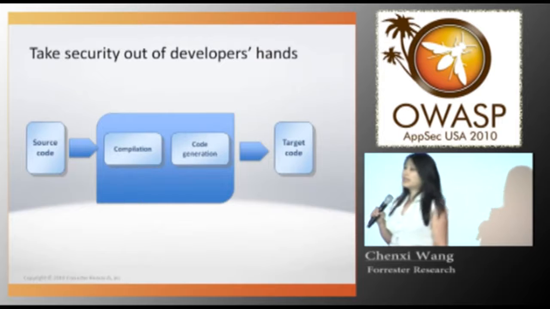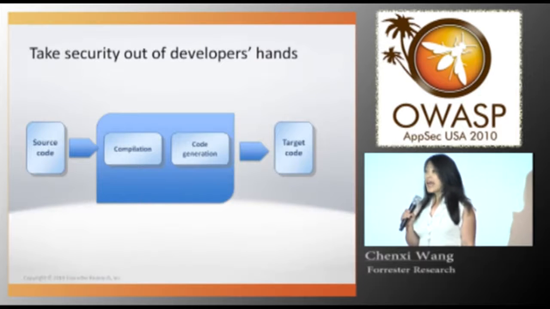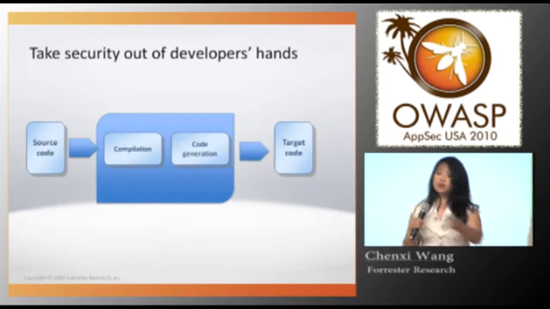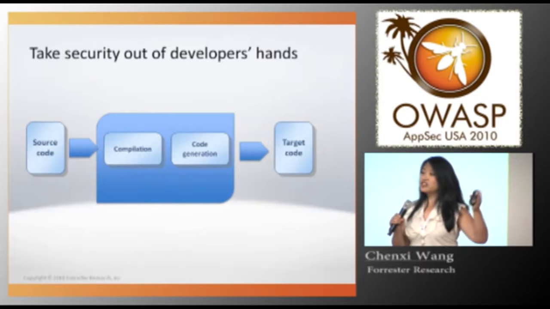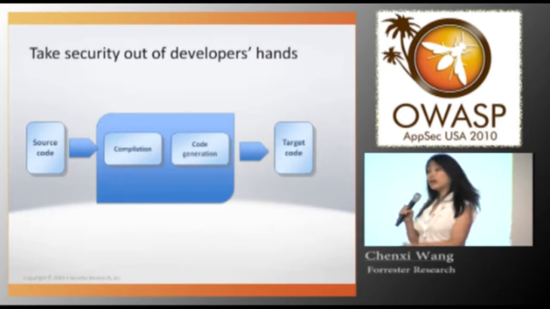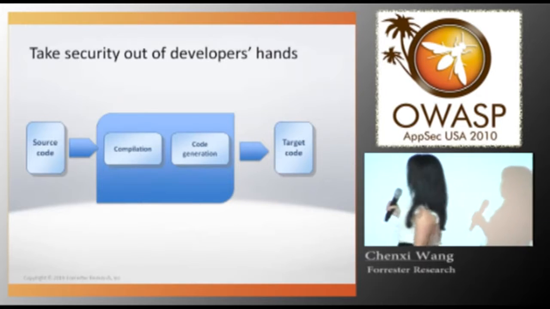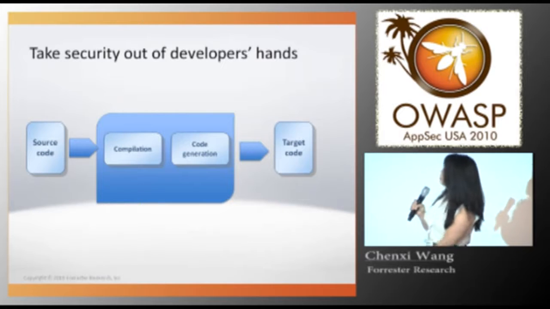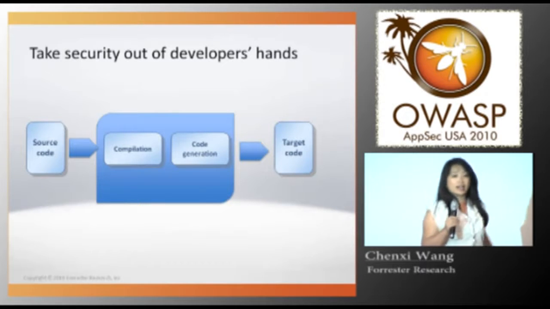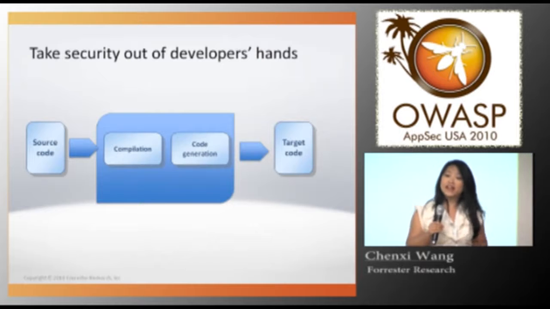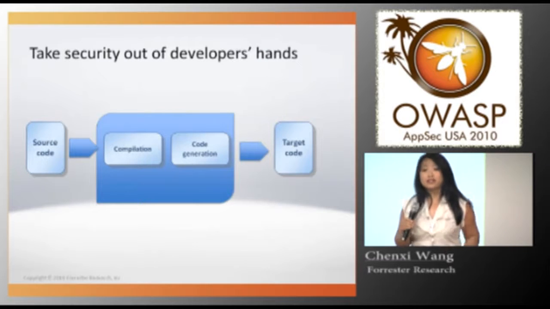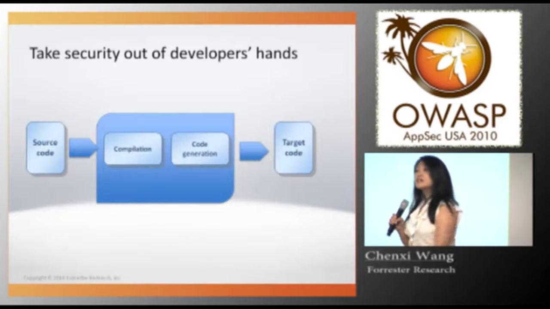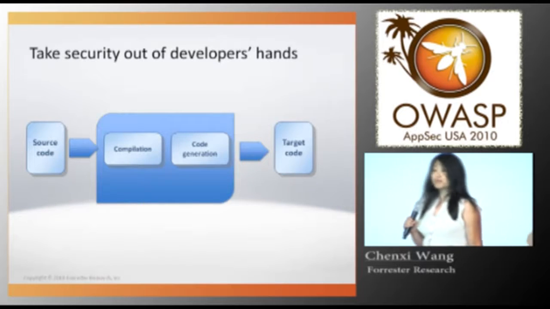So take security out of developers' hands. Instead of taking the source code, running it through compilation and code generation to the target code, let's think about this. Let's take the source code, run it through some kind of scanning that automatically specifies a set of security properties that are relevant to this code, as far as this automatic engine can tell.